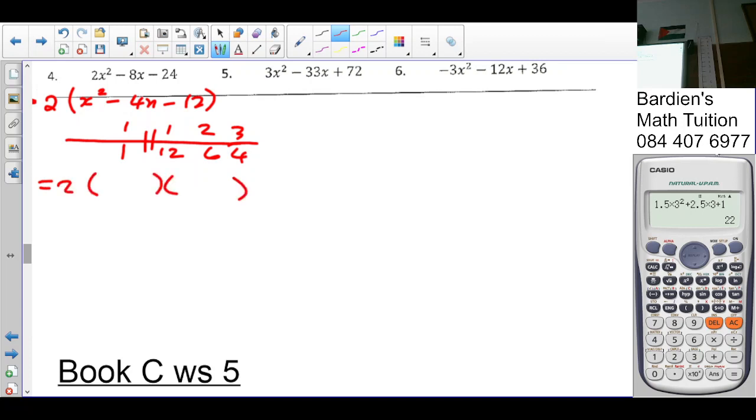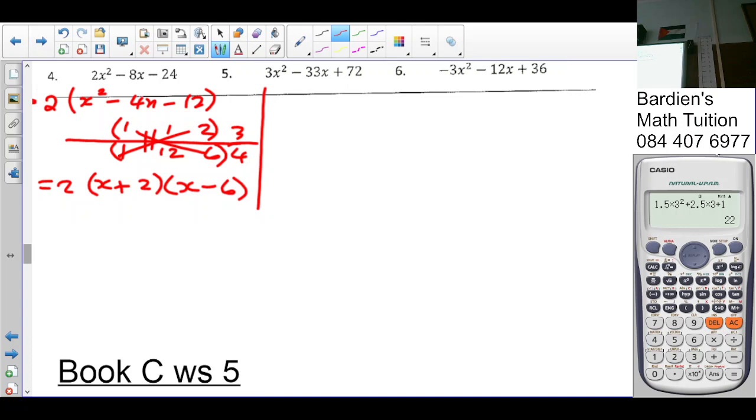Subtract. So it's going to be 6 and 2. So in the bracket goes x and a 2, x and a 6. What about our signs? Opposite sign, 1 plus 1 minus. The bigger product takes the sign of the middle term. So it's going to give you negative 6, plus 2.